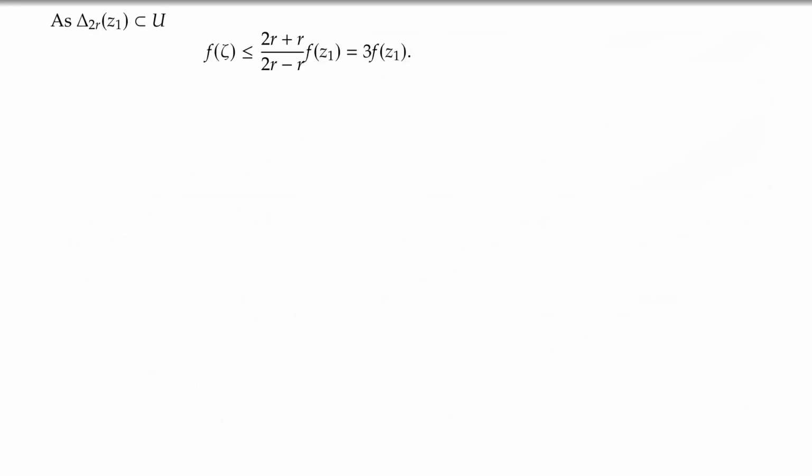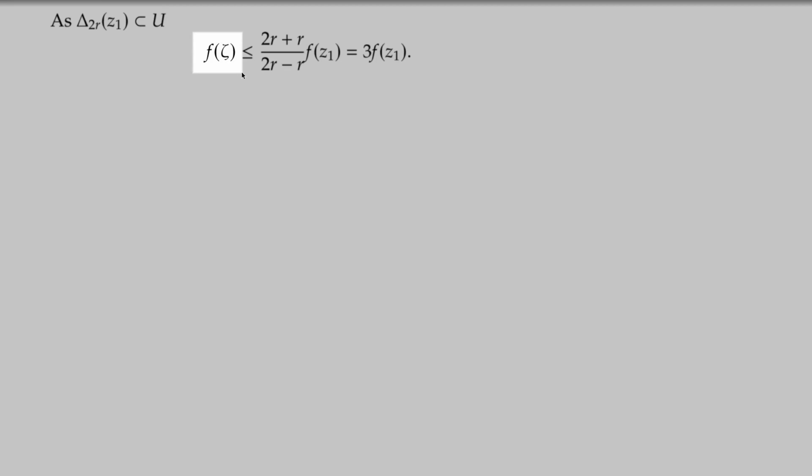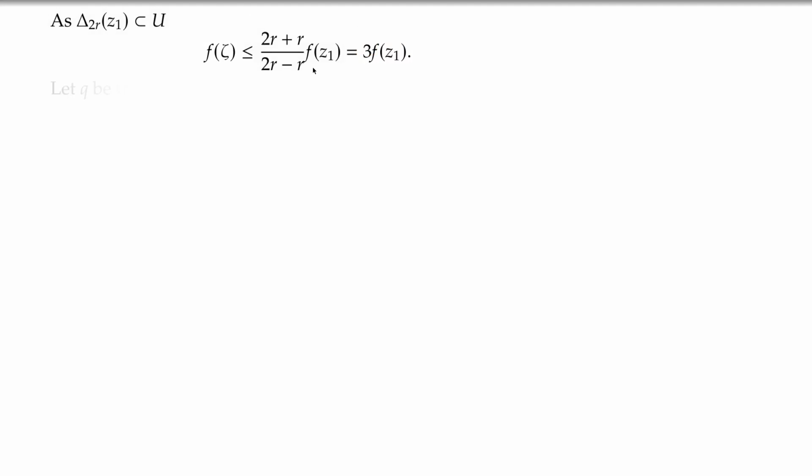Okay, because a 2R disk is in U, we can apply Harnack's inequality with capital R being 2R, right? And this is basically in the first disk, and we get that f of zeta is less than 3 times f of z1, just by applying Harnack's inequality.